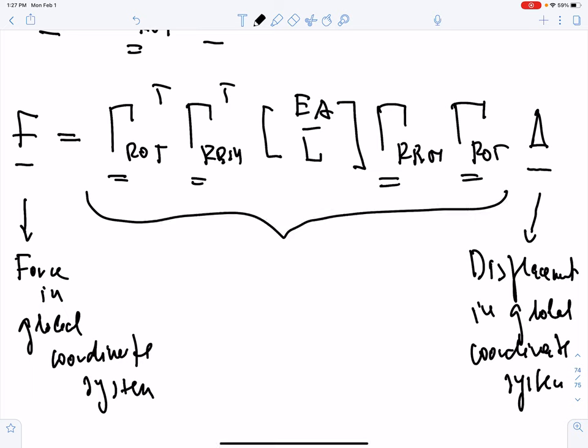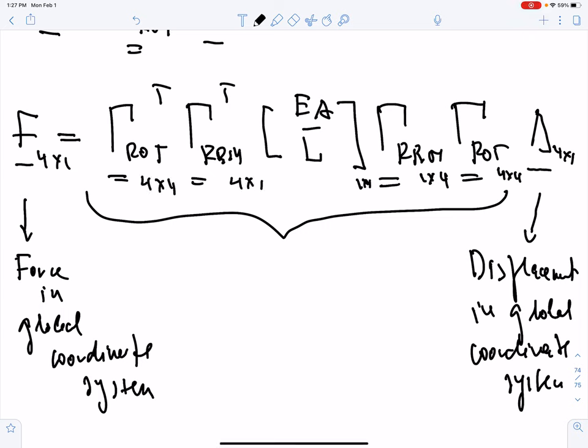Now let's trace the dimensions. This is 4 by 1. This is 4 by 1. Gamma ROT, 4 by 4. Gamma RBM, 1 by 4. EA over L, 1 by 1. Gamma RBM transpose, 4 by 1. And gamma ROT is 4 by 4.